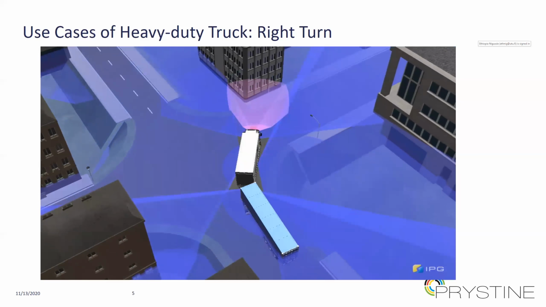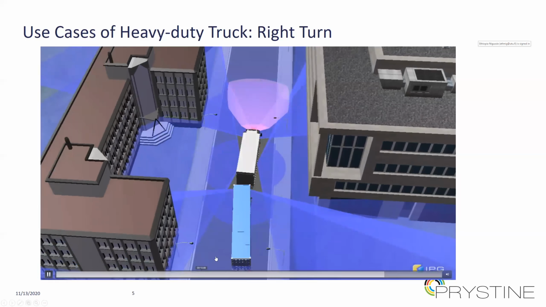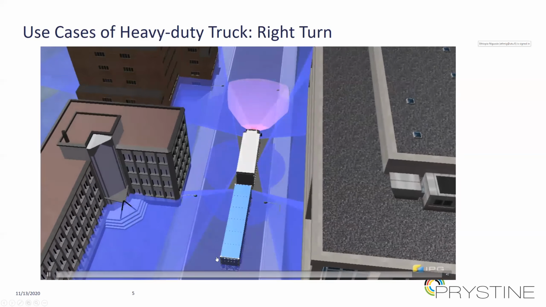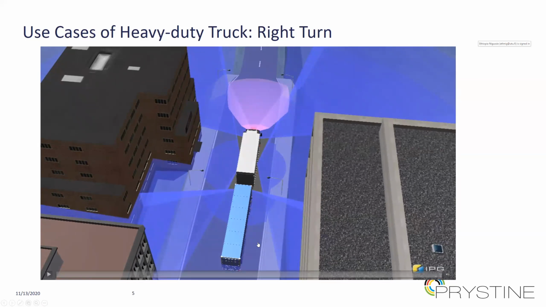And also, it is very challenging if there are pedestrians or cyclists who are crossing, especially if there are some greenery areas which make it difficult for the driver to see the pedestrians.